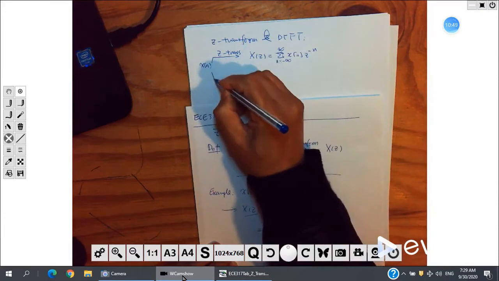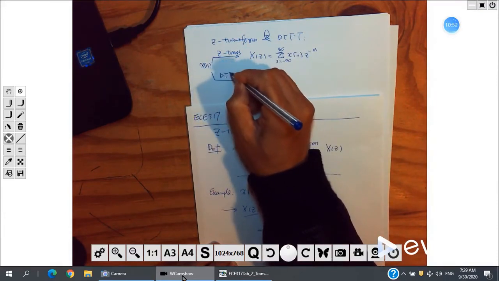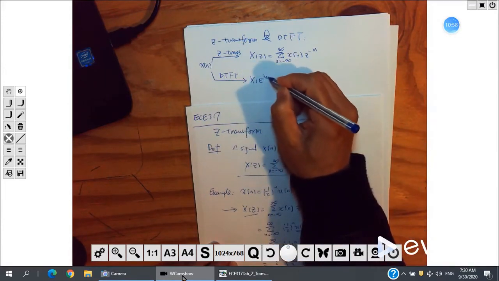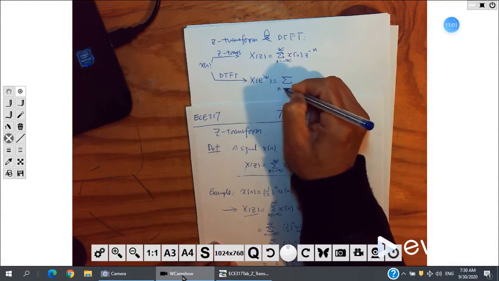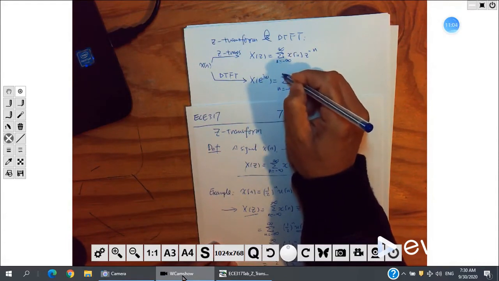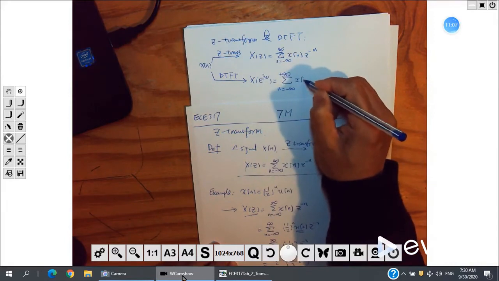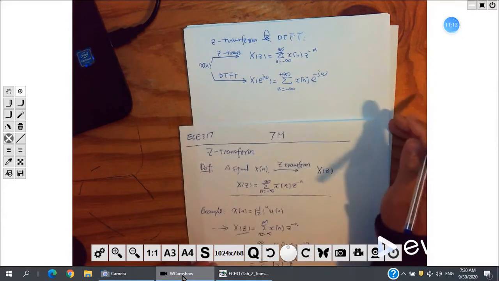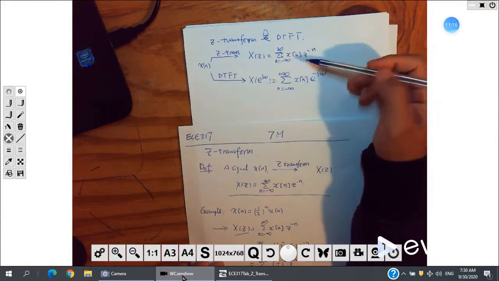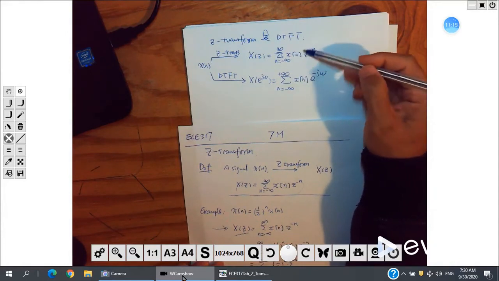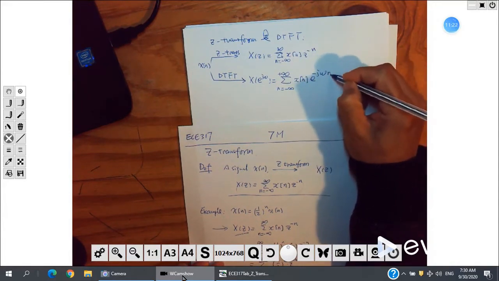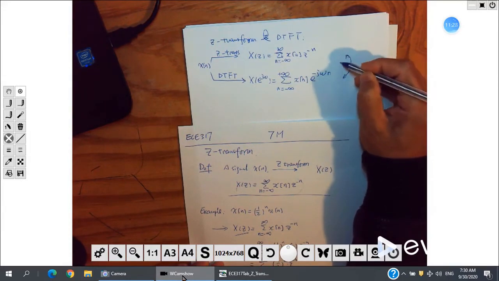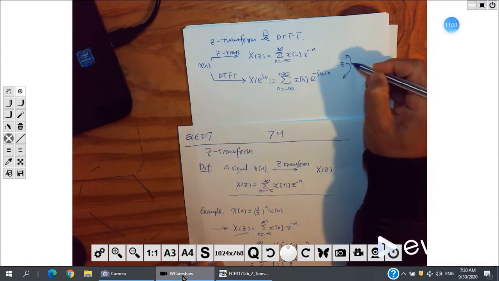And if we perform the discrete time Fourier transform, DTFT, then we have capital X of e to the j omega equal to the summation from negative to positive infinity of x of n times e to the negative j omega n. You compare these two. Quite similar, right? This is x of n, this is x of n. This is a power of z, this is a power of e to the negative j omega. So between these, one side is z, the other side is e to the negative j omega.